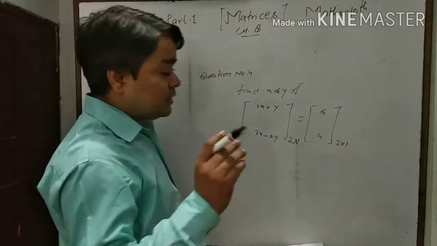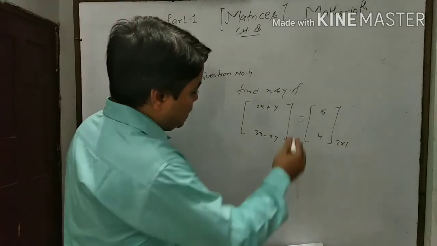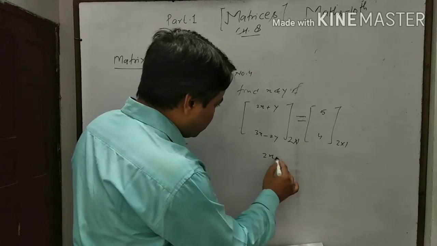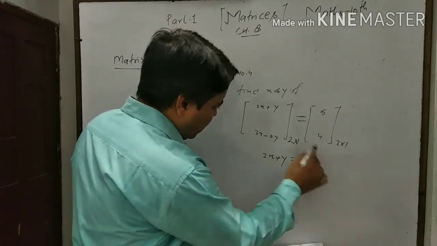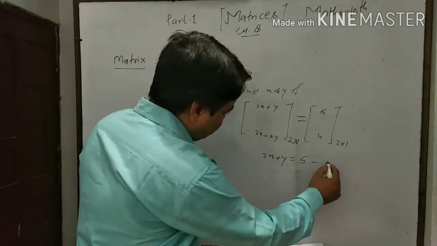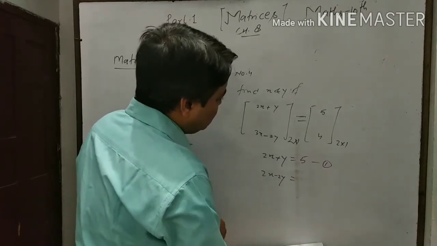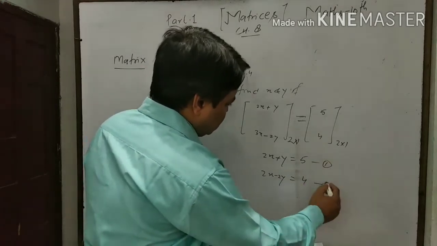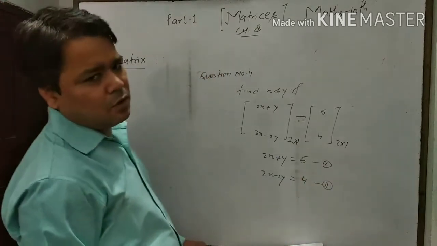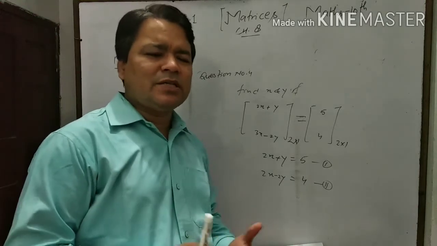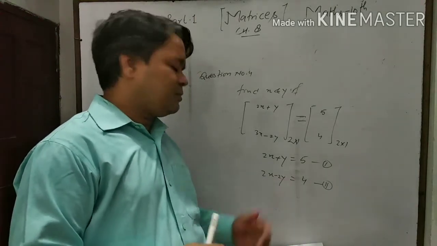Then since it is mentioned in the question that both are equal matrices, their corresponding elements, that is 2x plus y, should be equal to 5. That is equation first. And here 3x minus 2y is equal to 4. This is equation second. Now we can solve it by the elimination method, cross multiplication method, or substitution method.